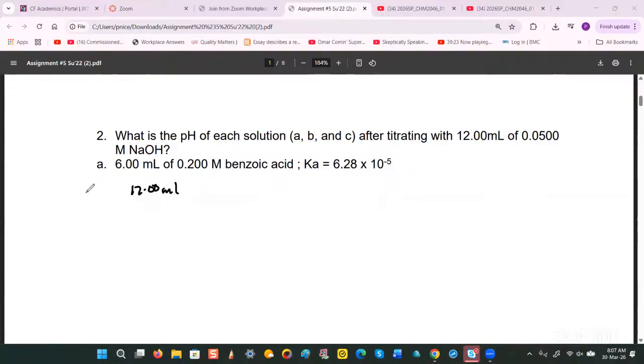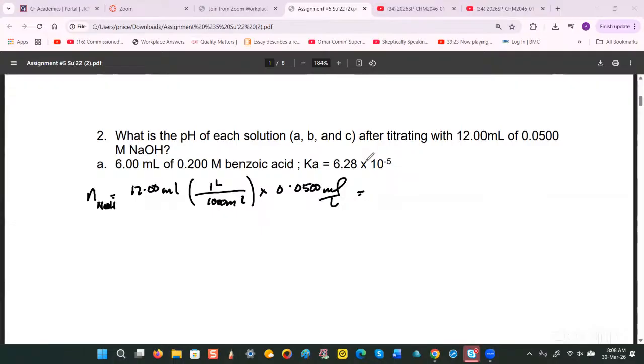So what I'm calculating here is the number of moles of the sodium hydroxide, all right? So that's 12.00 mils, we convert to liters, 1 liter over 1,000 mils, and then we multiply by the molarity, which is 0.0500 moles per liter, and then we work this out.